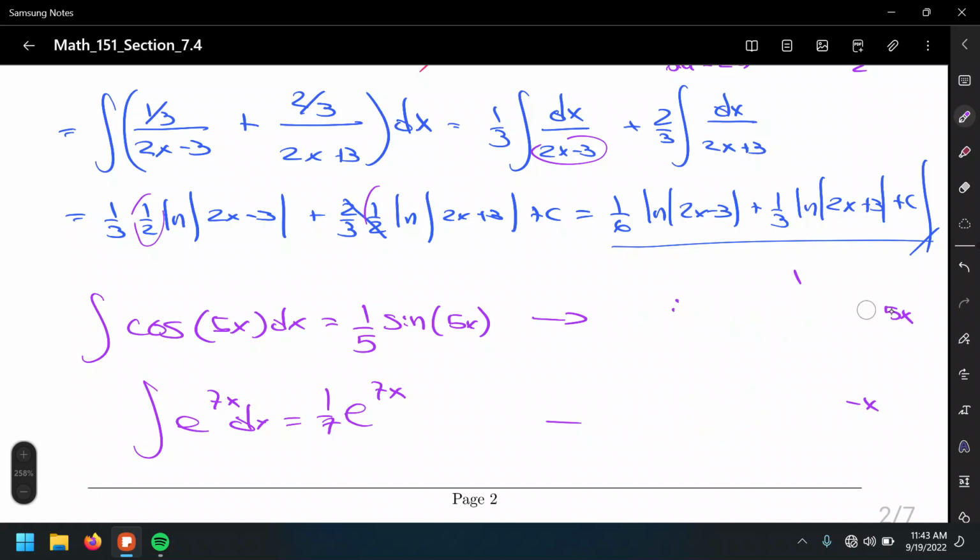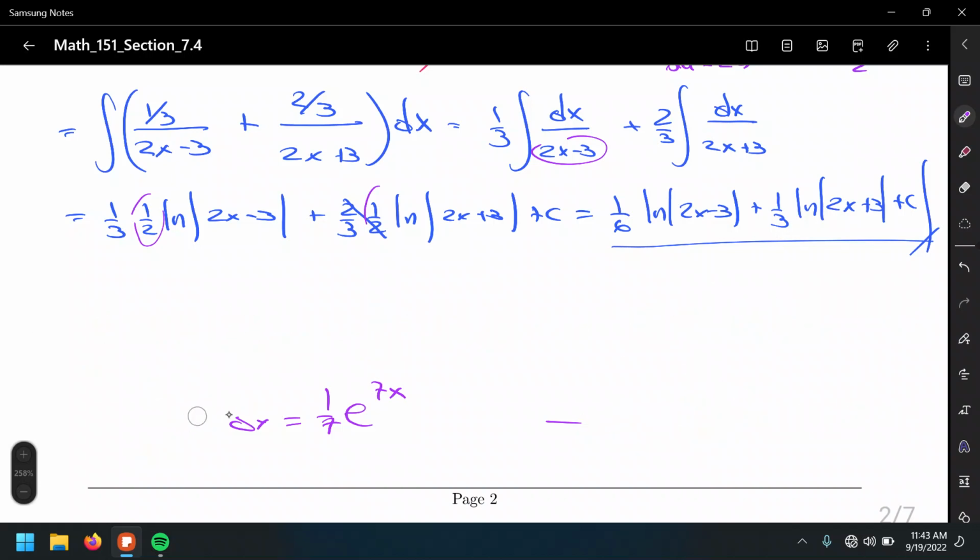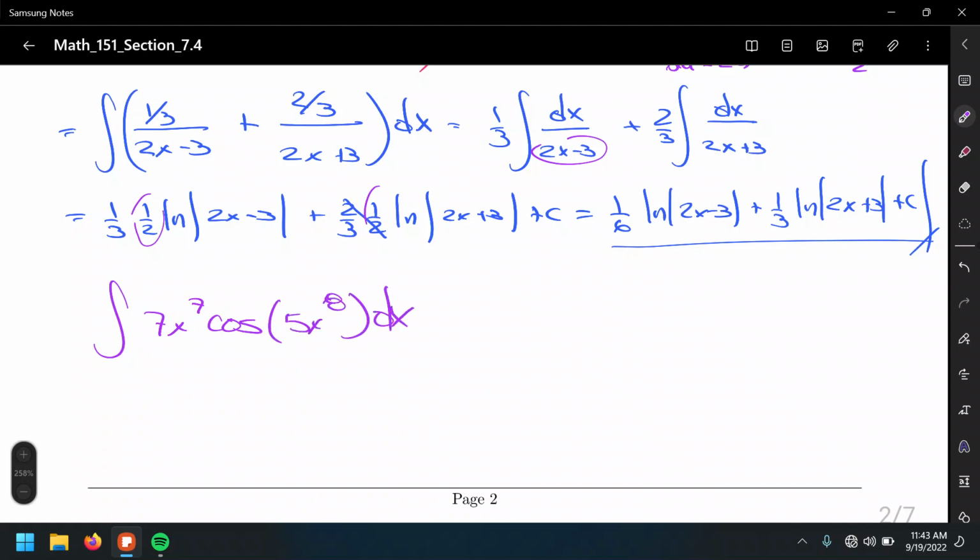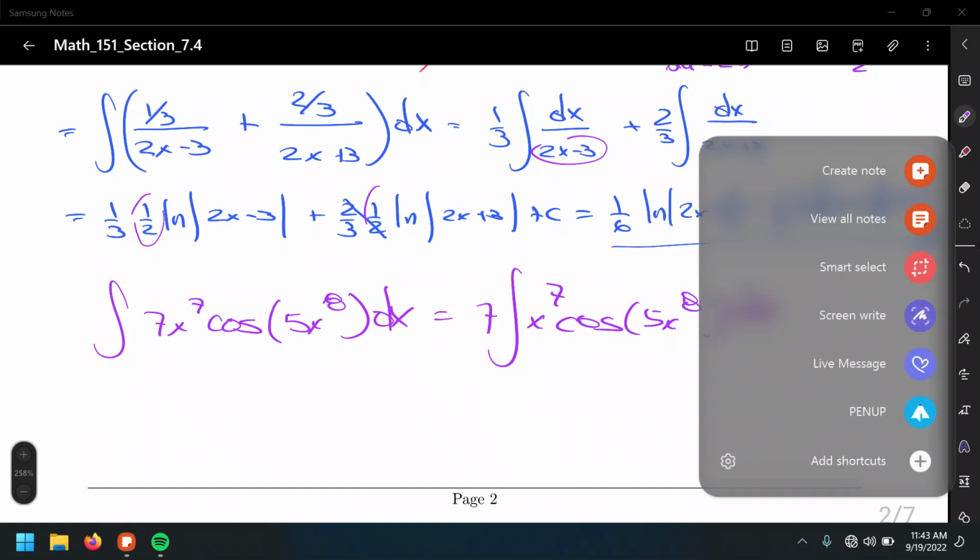Now, for example, if you have an integral that is more elaborate, say the integral of 7x to the 7 cosine of 5x to the 8th, well, number 1, this is 7 times the integral of x to the 7 cosine 5x to the 8th dx. In a situation like this, my advice is that you show that you did use substitution, because even though it's the same pattern, with one degree less outside, which tends to be the du part of the problem.